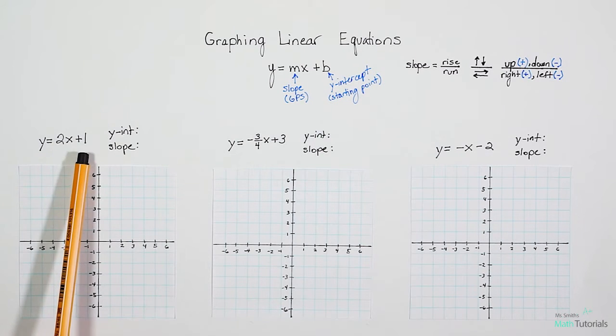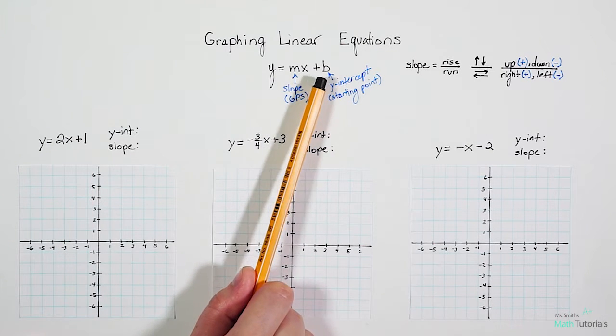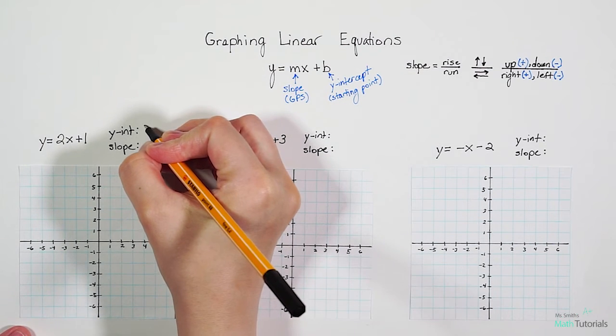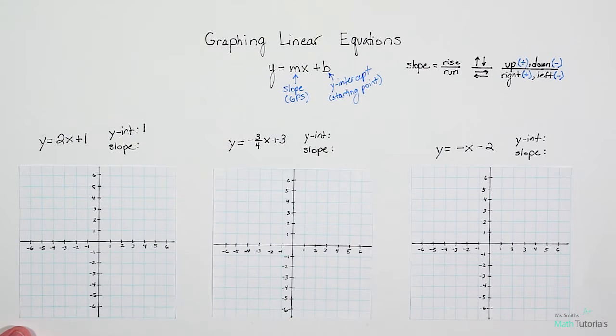Our y-intercept is going to be our b value. It's the value that does not have an x with it. It's called the constant. It's just a number with no letter beside it. In this case, that's a positive 1. So that means our y-intercept is a positive 1.